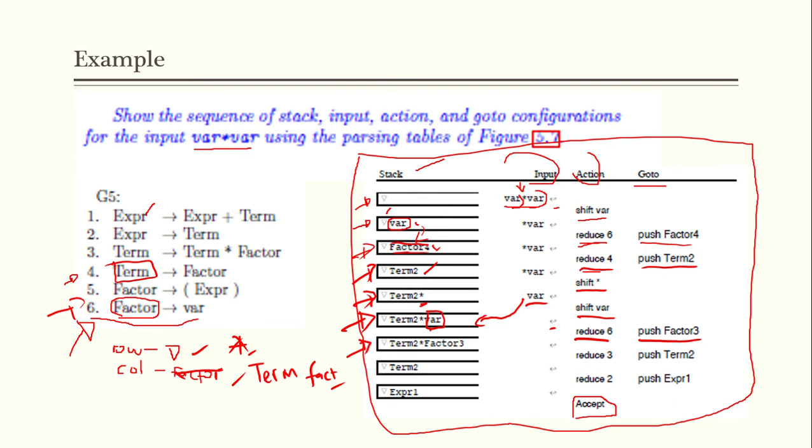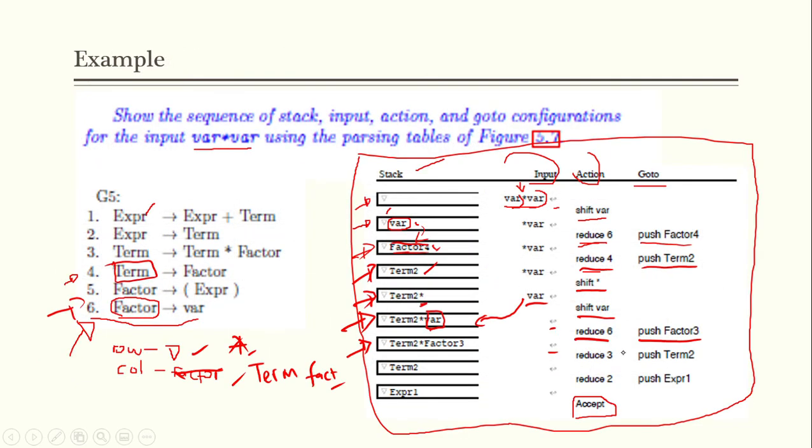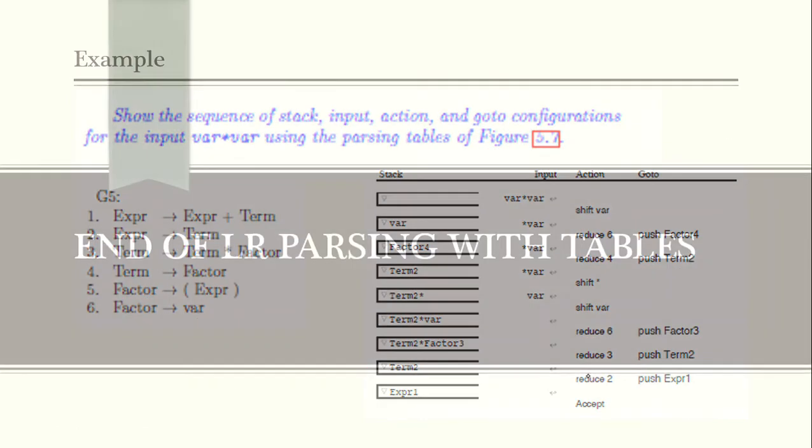Start again. What is on the top of the stack? It is factor 3. And what will be the column part? It is the end marker. So factor 3 is the row and end marker is the column. Looking at factor 3 and the end marker, it says reduce 3. So you write down there reduce 3.